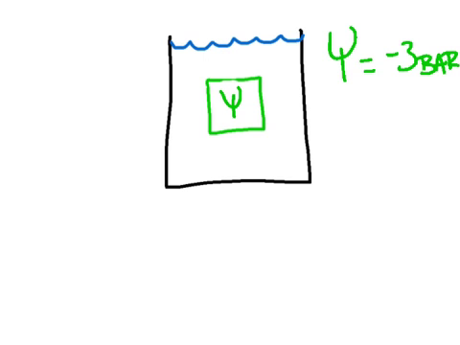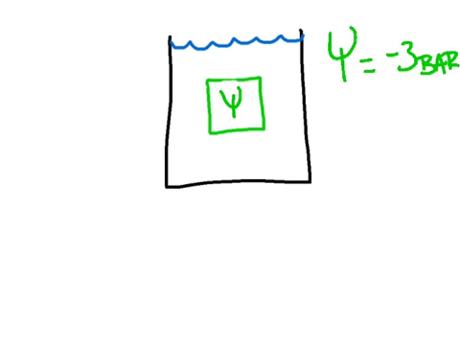Now, water always moves from an area of high water potential to an area of low water potential. So that is the direction that it's always going to move, from high water potential to low water potential. Now, in this problem, I've given you the water potential inside the cell, and I'm going to ask you to calculate the water potential for the solution in the beaker.